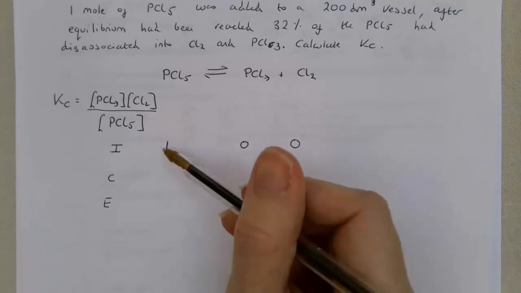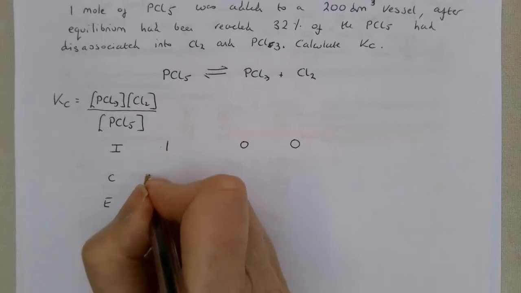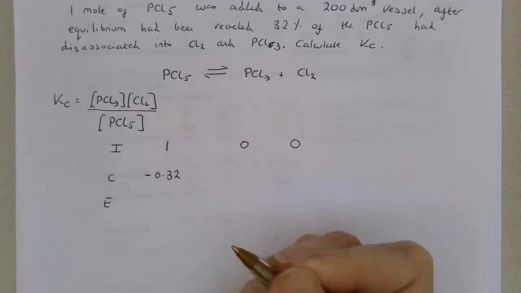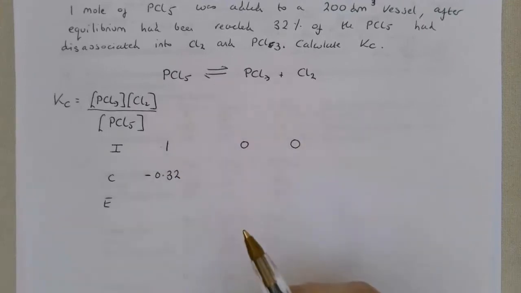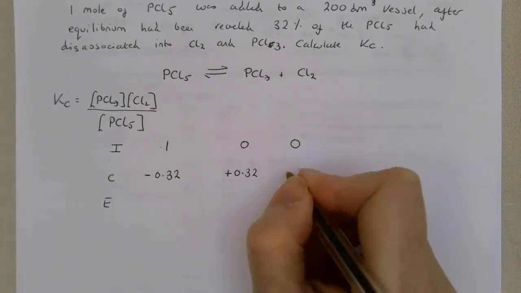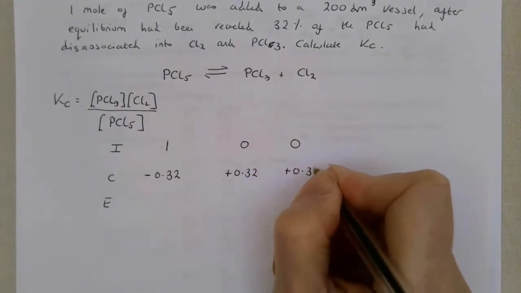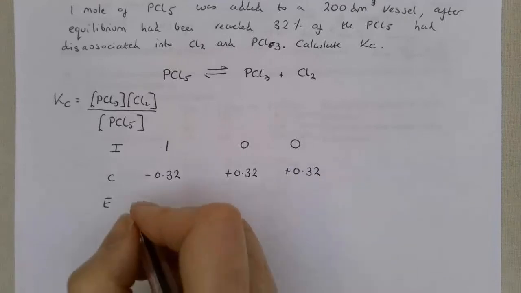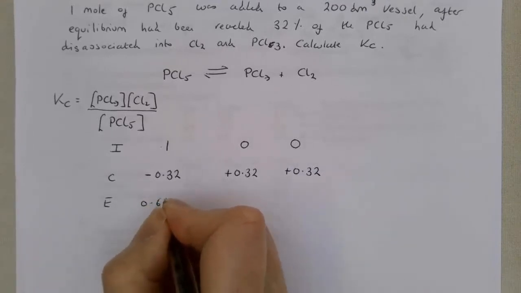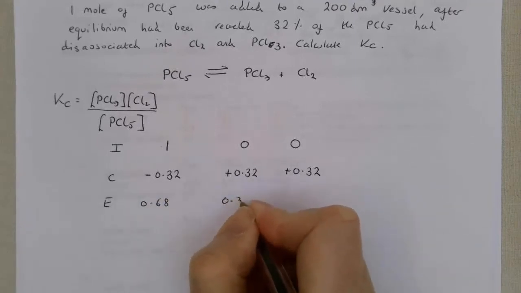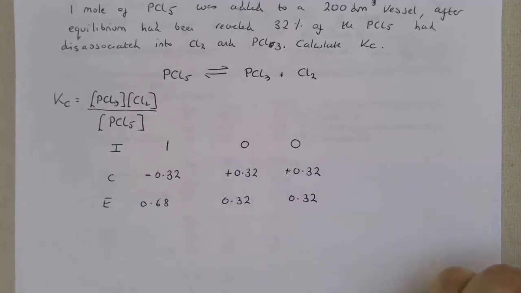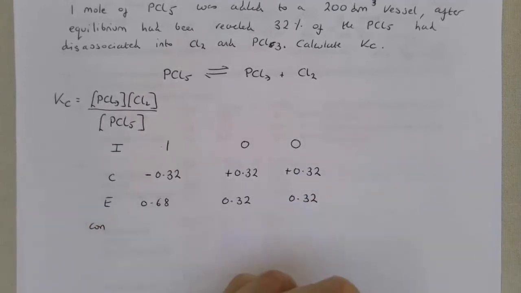So 32% of 1, that gives me minus 0.32. Now, because it's a 1:1:1 ratio, that will give me plus 0.32 here and plus 0.32 here. So I can work out my moles at equilibrium, and that is 0.68, 0.32, and 0.32 there. I need to work out my concentration.